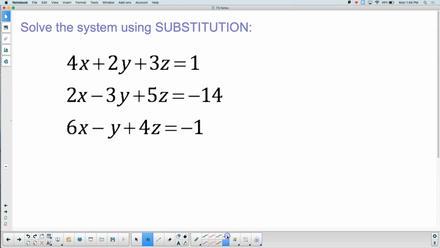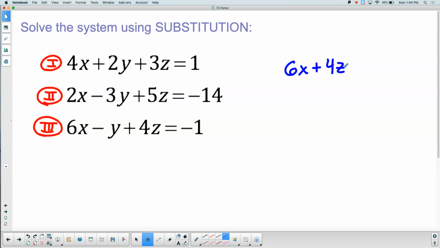Of the 9 variables, really there's only one choice to solve for, and that's solving equation number 3 for y. So if I solve equation number 3 for y, I get 6x plus 4z plus 1 equals y.